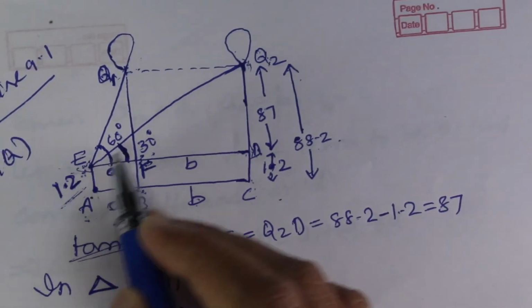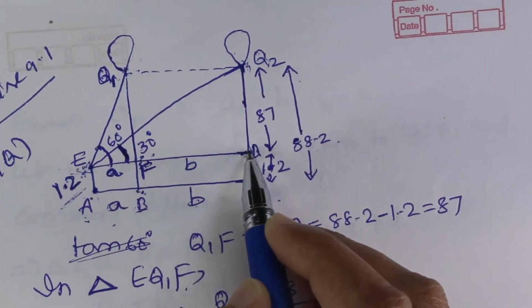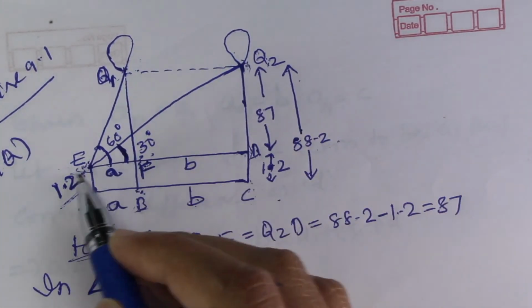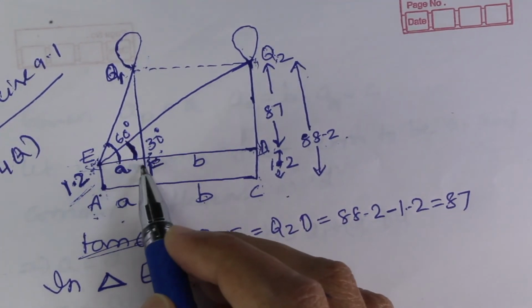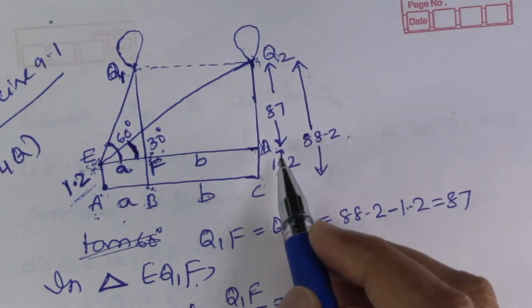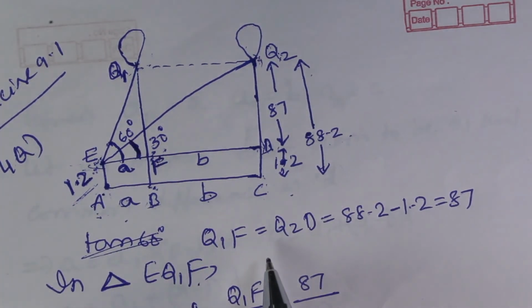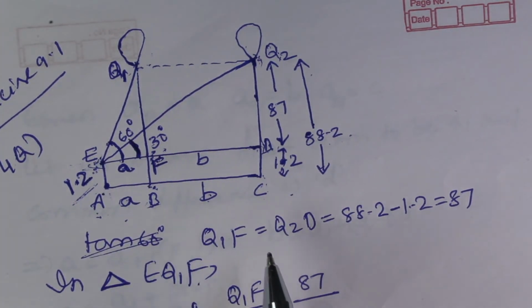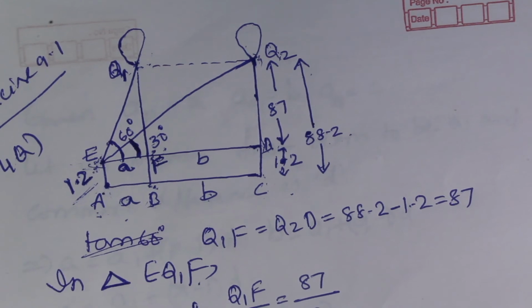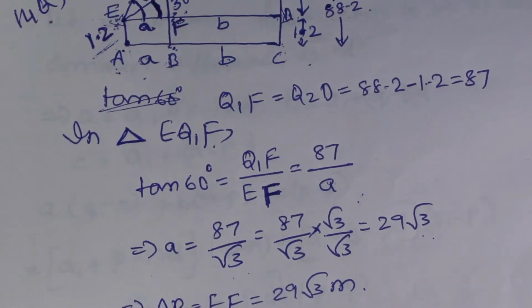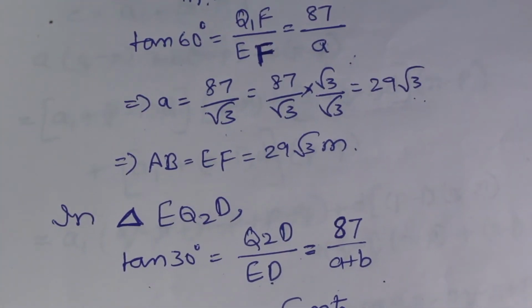Now if we take the triangle Q2ED, tan 30 degrees becomes Q2D divided by ED, that is 87 divided by a plus b.